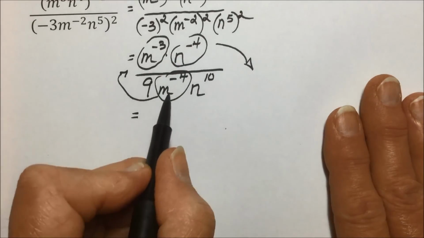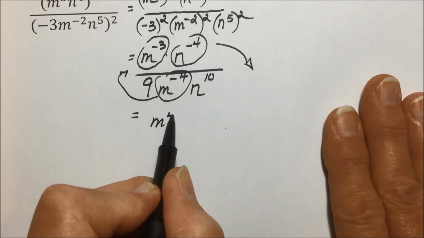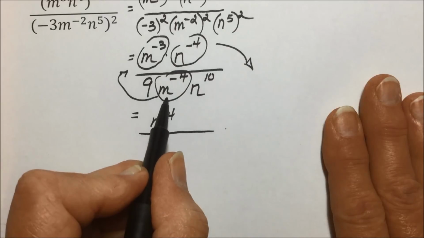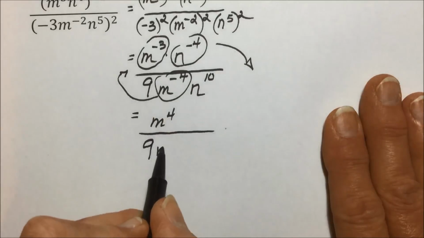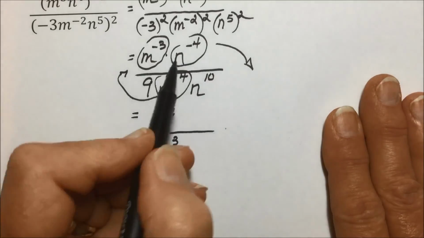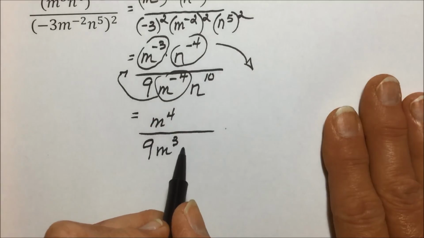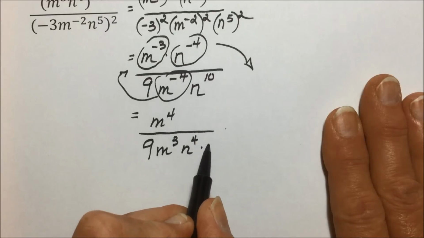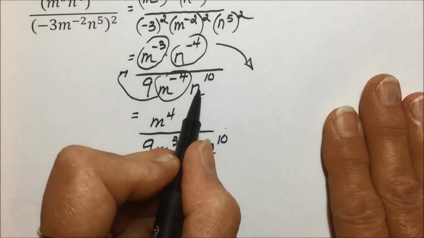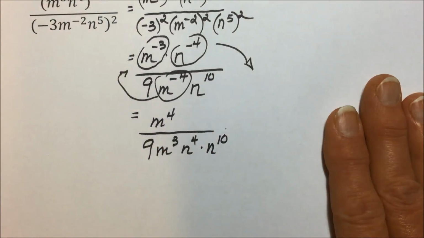So we have an m to the fourth migrating to the numerator from the denominator. The 9 will stay put. M to the third goes to the denominator, and n to the negative fourth goes to the denominator, making it positive, and n to the 10th stays put.